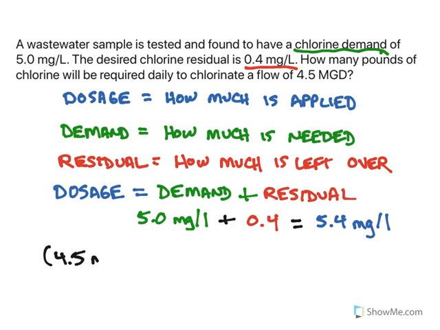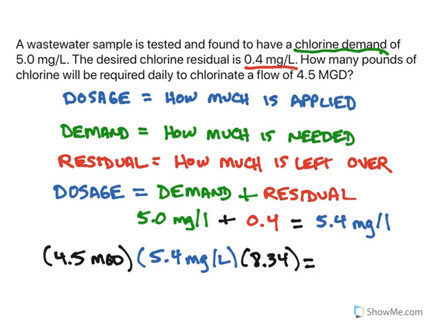4.5 MGD times the dosage, which is 5.4 milligrams per liter, times 8.34. When we multiply that all the way out, that's going to tell us how many pounds we need to apply.